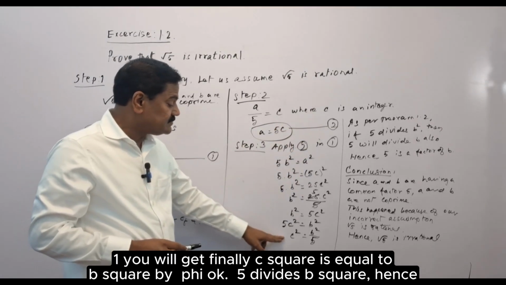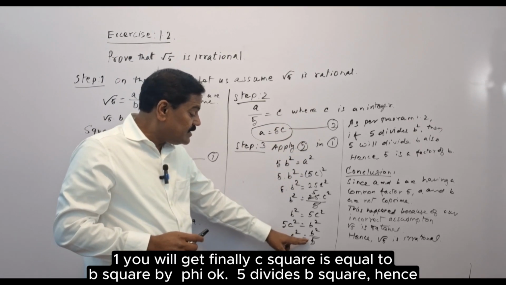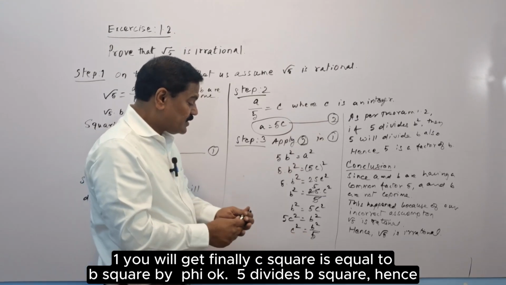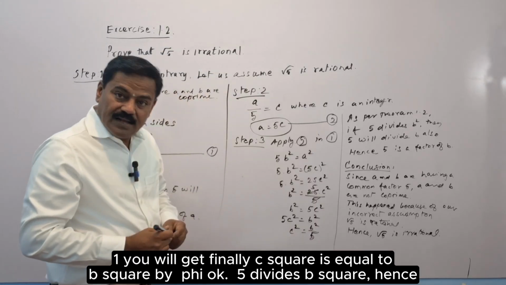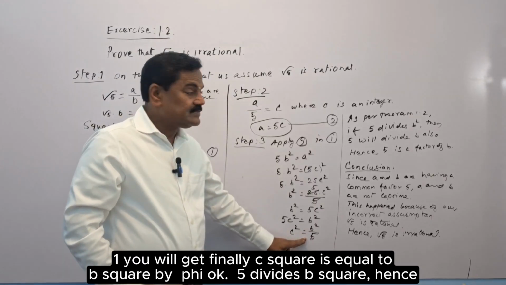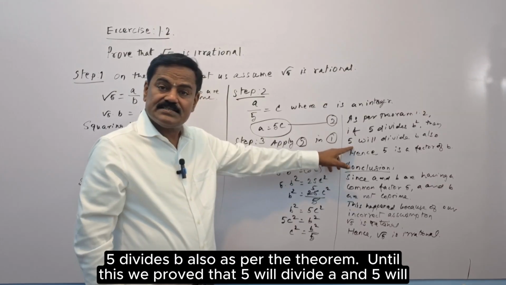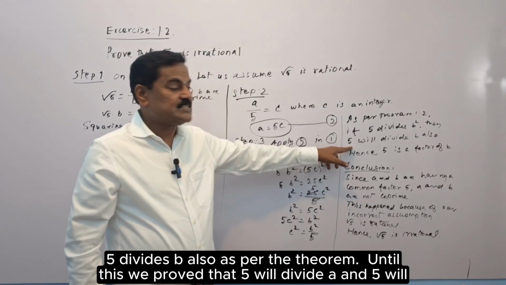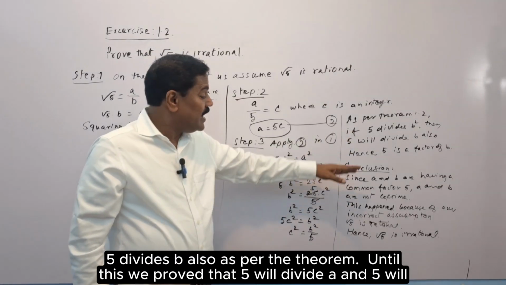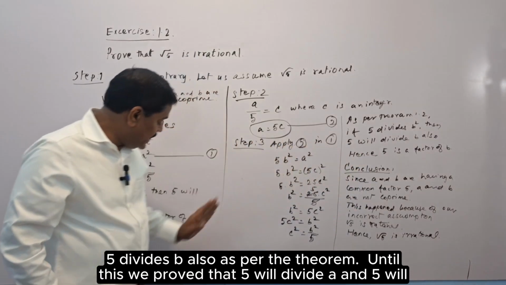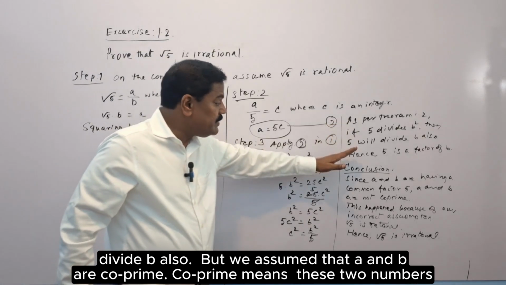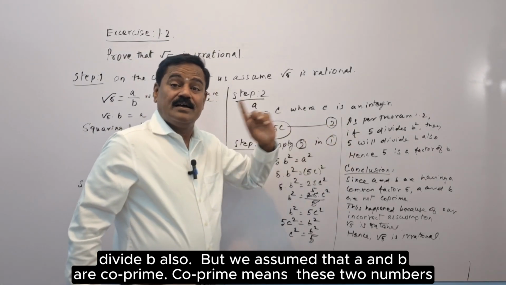You will finally get c square is equal to b square by 5. 5 divides b square, hence 5 divides b also, as per the theorem. Until this, we proved that 5 will divide a and 5 will divide b also.